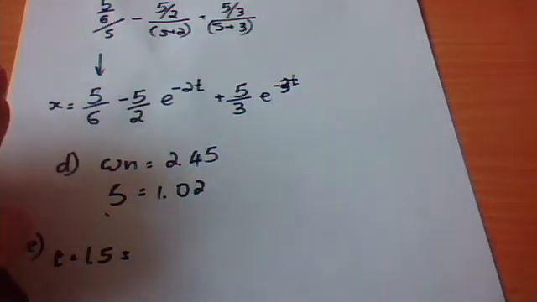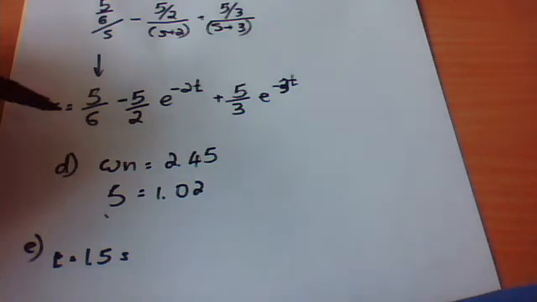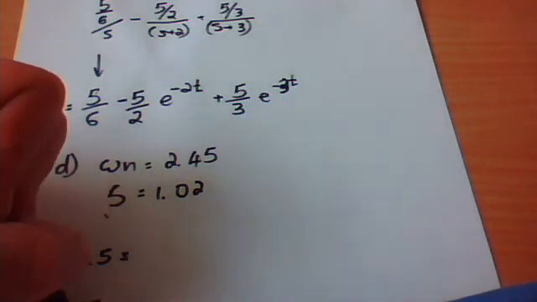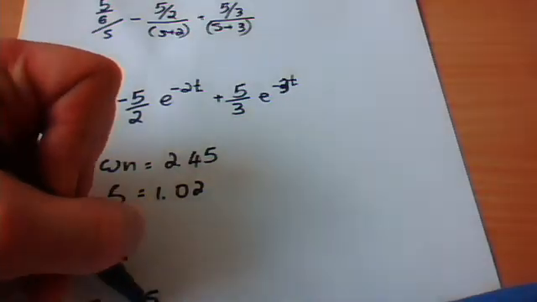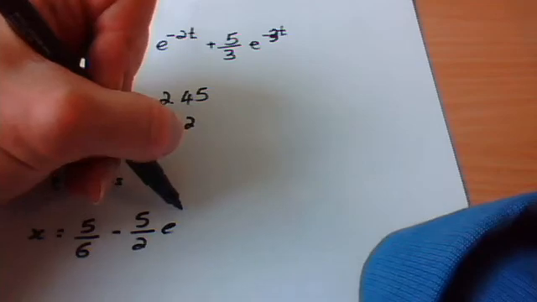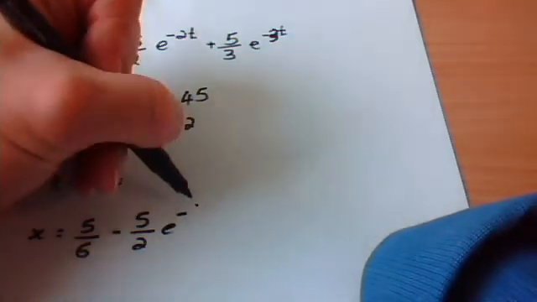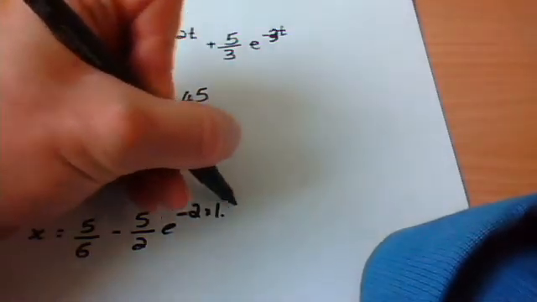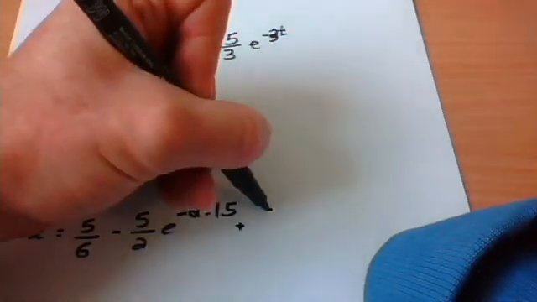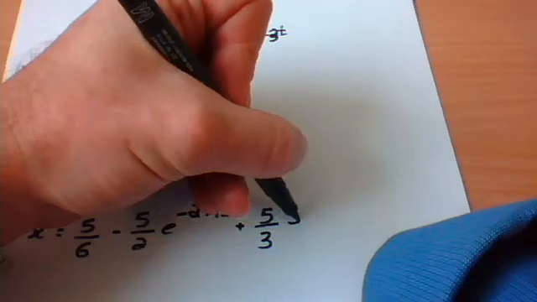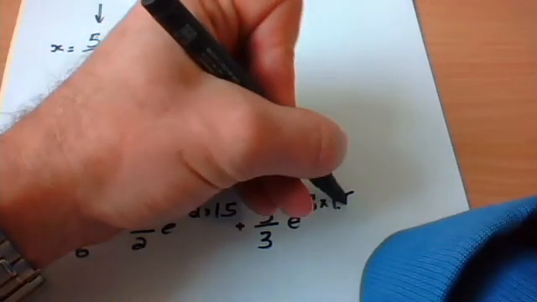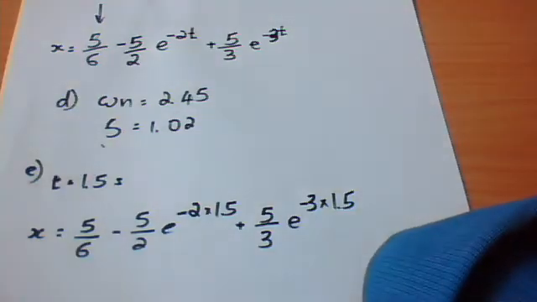So what we do is we go back to the equation that we solved just before d, and x is equal to 5 over 6 minus 5 over 2, which would be e to the minus 2 times 1.5, plus 5 over 3 e to the minus 3 times 1.5, just like that.